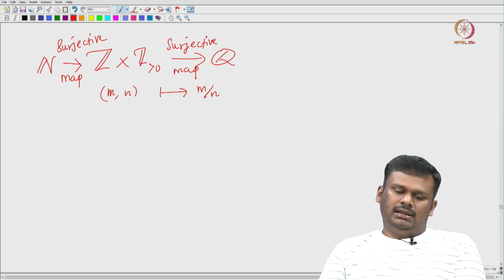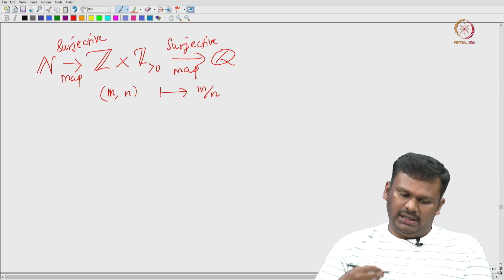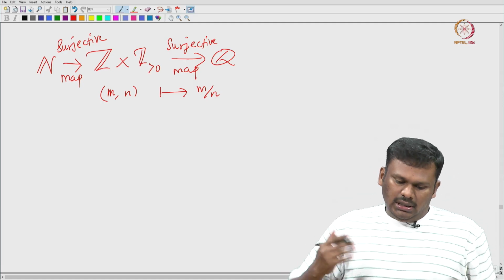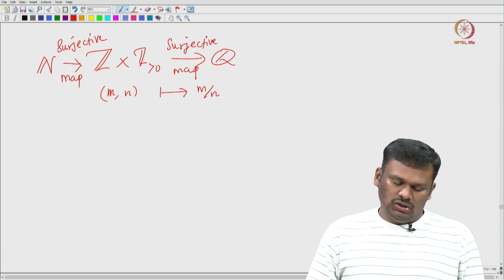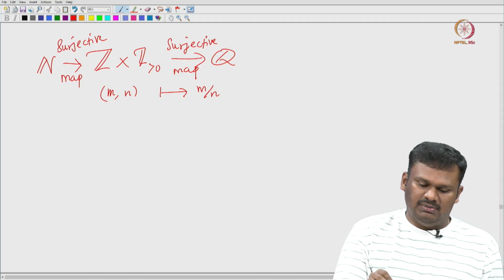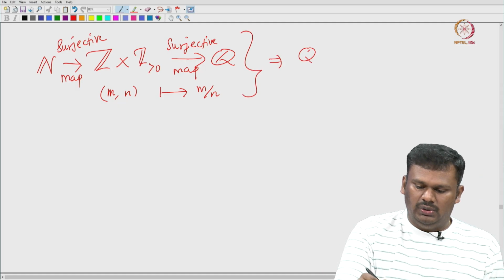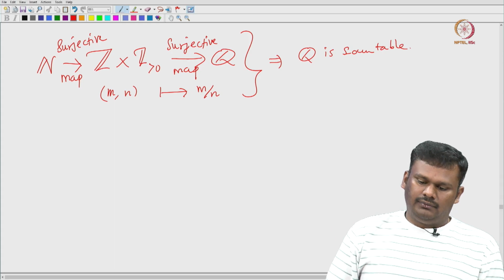By the description of rational numbers, which we will construct rigorously later, any rational number is just a ratio of some integer and a positive integer. Using that, you can see that this map is surjective, and this also tells you that Q is countable. Indeed, it is countably infinite.